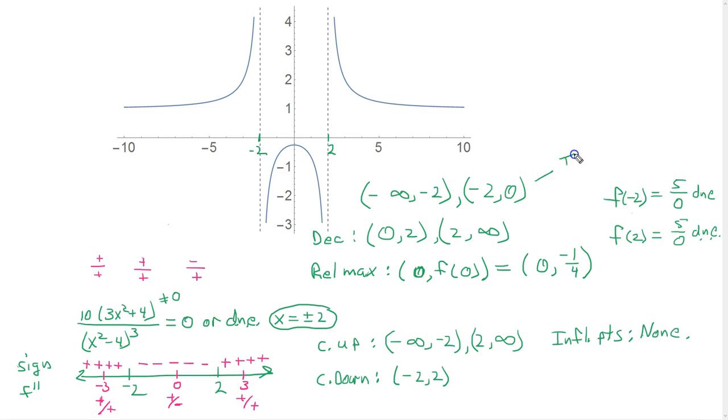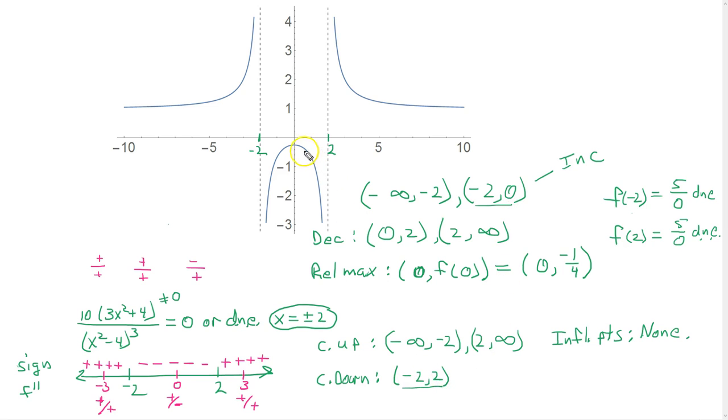These two intervals were increasing. So yes, increasing from -infinity to -2, and we were concave up as well. From -2 to 0, we are increasing and concave down. And we see that, yes, from -2 to 0, increasing and concave down.